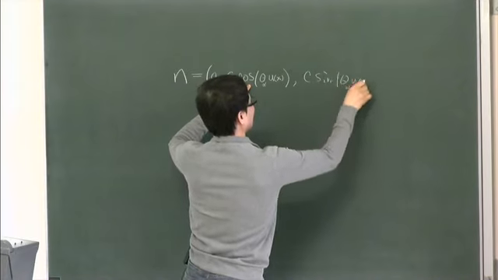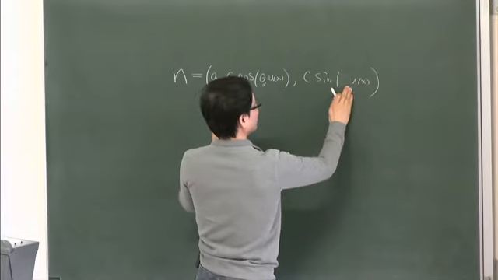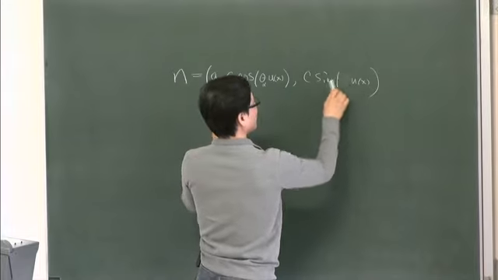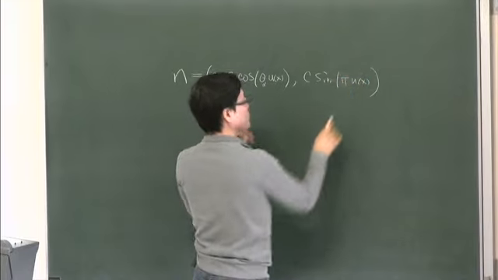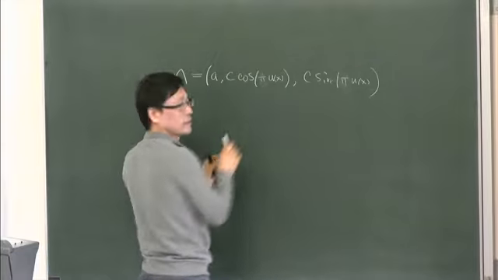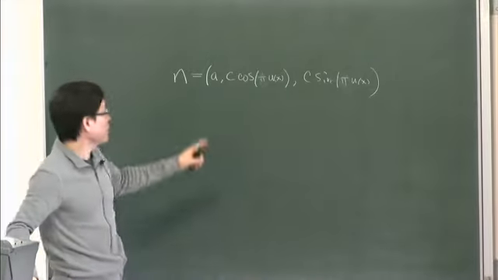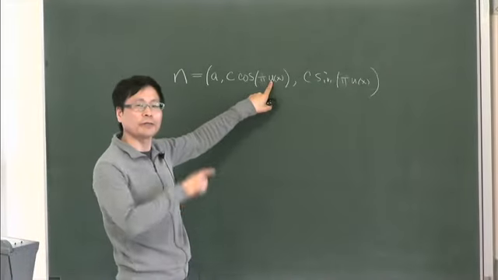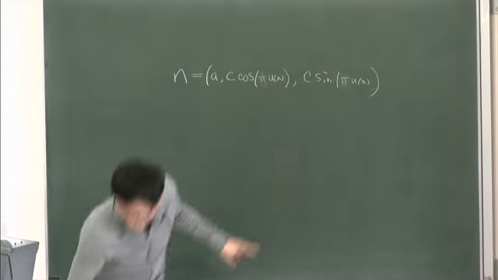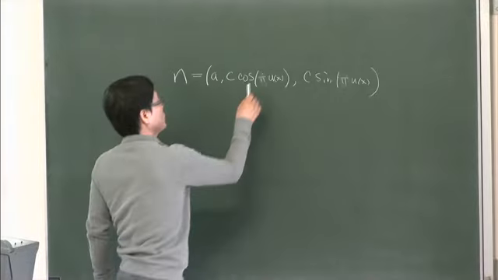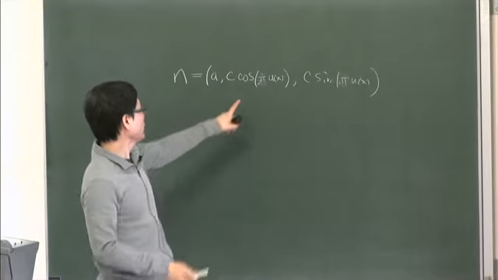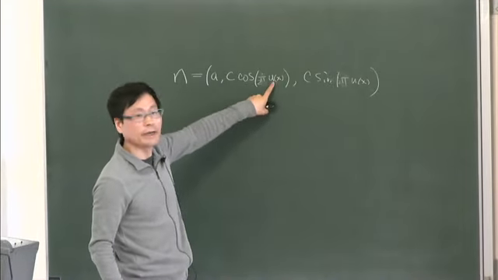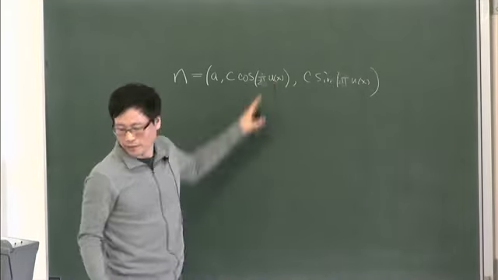I think I should have put 2 pi. Then I think it should be pi. Then when u equals minus 1, I think it should be 2 pi. I'm considering 0 to 1, so this u is the angle inside here. And then I approximate it.